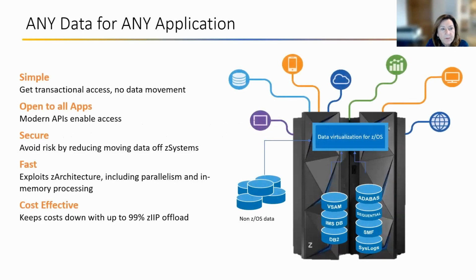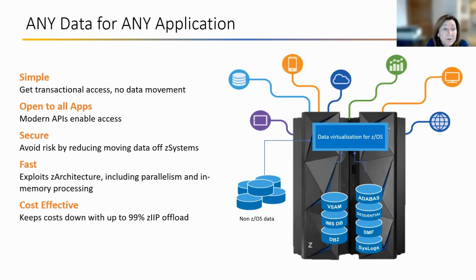The bottom line, one component is any data for any application makes it really powerful, right? And here you see an example of some of the data types of sources that can be accessed, and it can be a non-relational or relational format, doesn't matter.